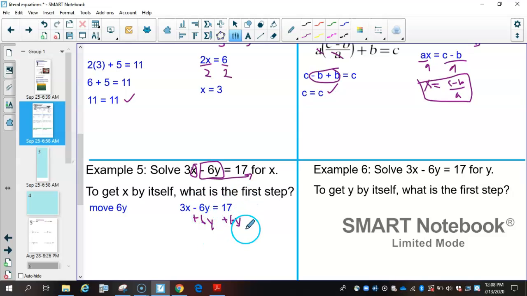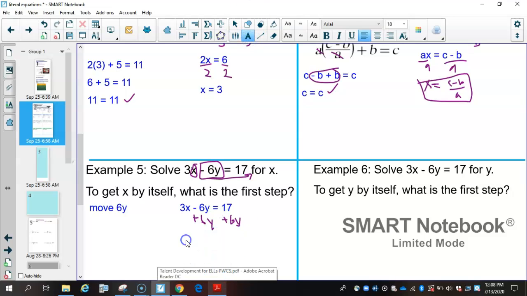Here, when we add 17 and 6y, 17 does not have a y, so we cannot combine those two. They are not like terms. So when we add 6y to the other side, we are doing just that, adding it to the other side, and it stays over there. It doesn't combine with anything. So 3x equals 17 plus 6y. We literally moved it to the other side.